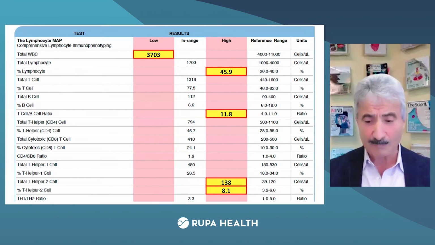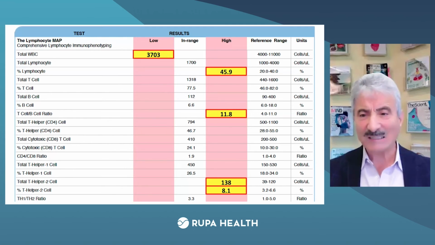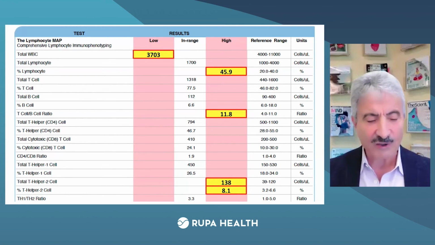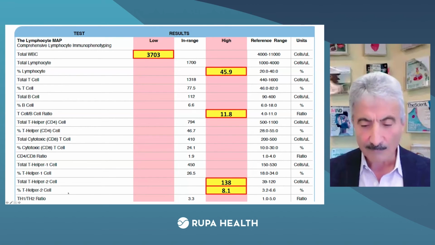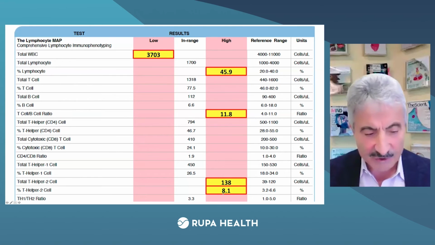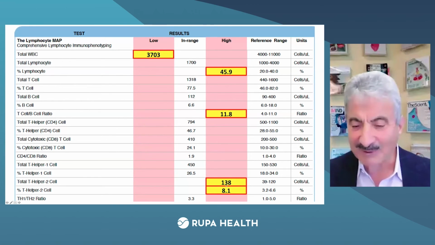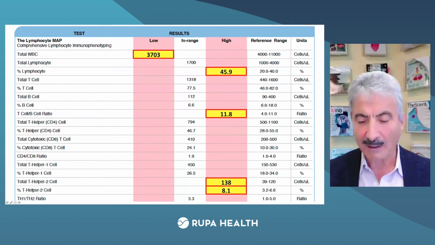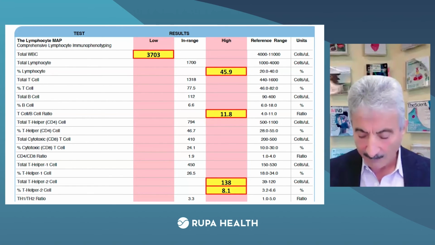But one of the most important abnormalities that is associated with mast cell activation is T helper 2, where both percentage and absolute numbers are very high.